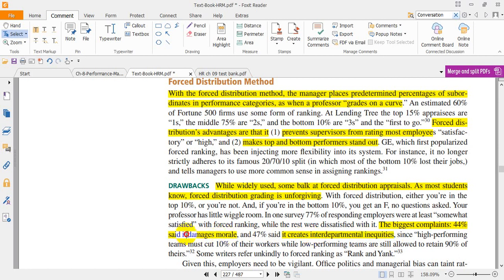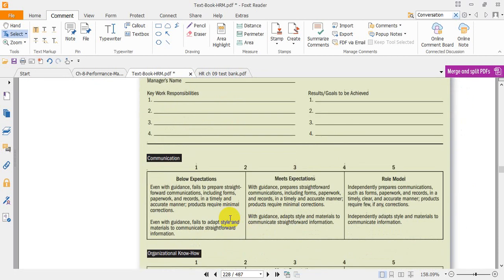These are the disadvantages of the forced distribution method. The advantages are 1 and 2, and these are the disadvantages of this method.